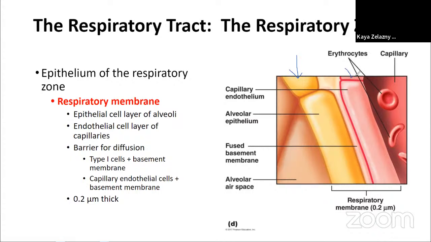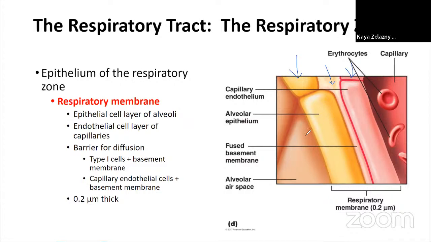Then our next piece is the endothelial layer of the capillary, all those cells that make up the lining of a capillary. And we have a basement membrane in between. And that's it. So we have two linings sandwiched together, a little basement membrane in between holding them together.